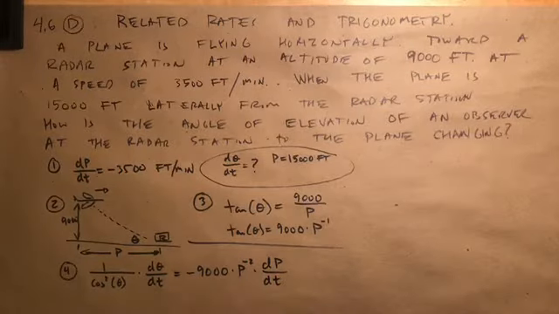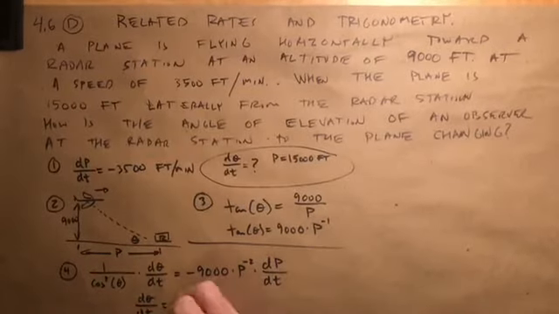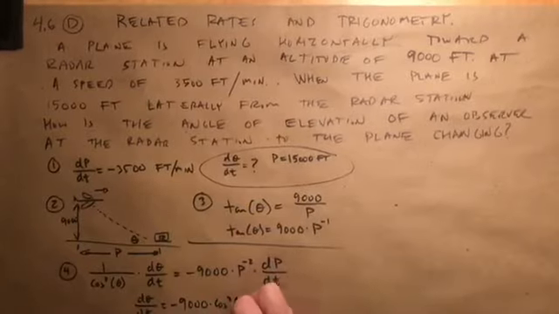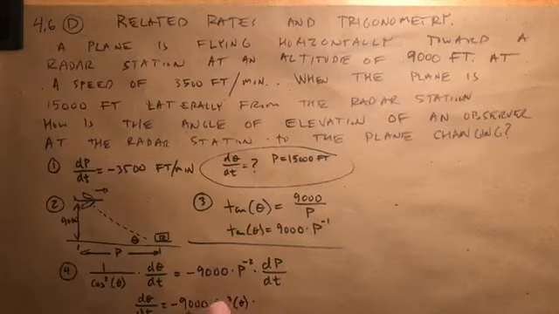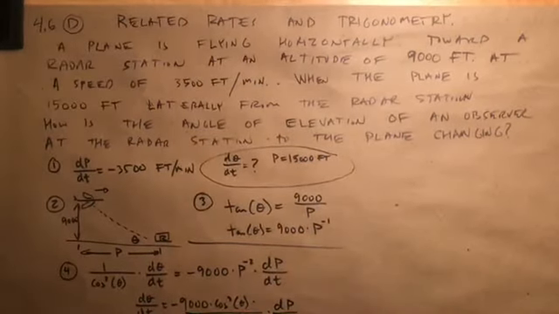Now, what we're looking for is d theta/dt, and we can solve for that very easily. d theta/dt is equal to negative 9,000 cosine squared theta, over p squared, times dp/dt.